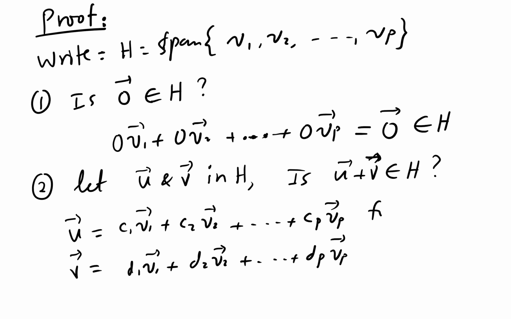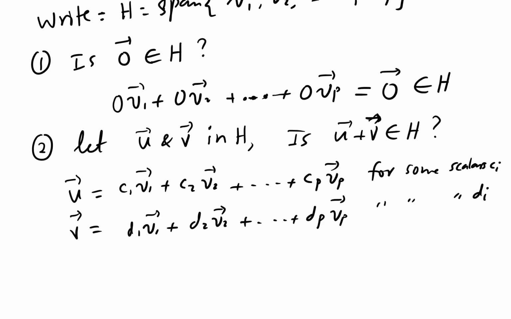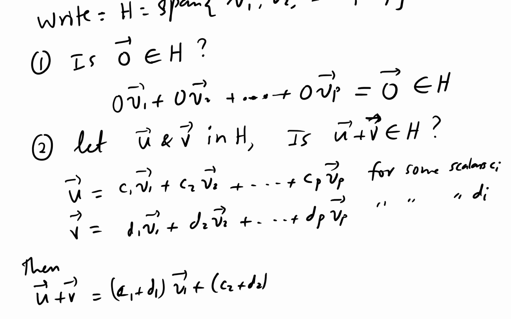Here, for some scalars ci, for some scalars di, then u plus v, if we add them up, you get (c1 plus d1)v1 plus (c2 plus d2)v2 plus all the way to (cp plus dp)vp.